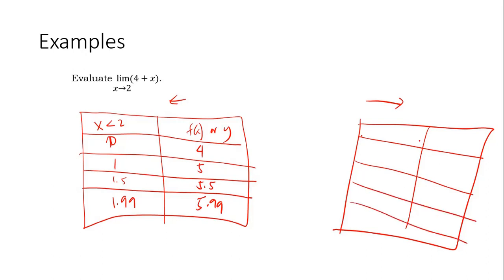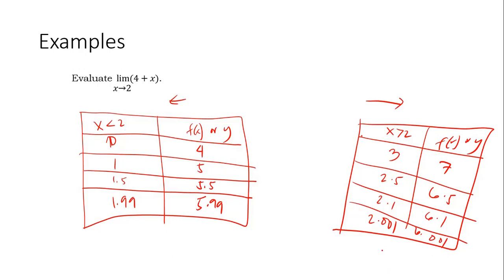So we have x greater than 2, f of x or y. We have 3, 2.5, 2.1, 2.001. Okay. So for 3 we have 7. For 2.5 we have 6.5. For 2.1 we have 6.1 and for 2.001 we have 6.001.